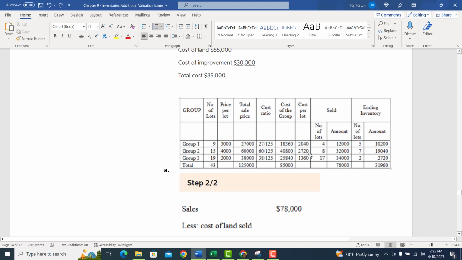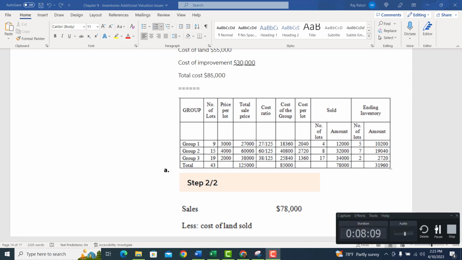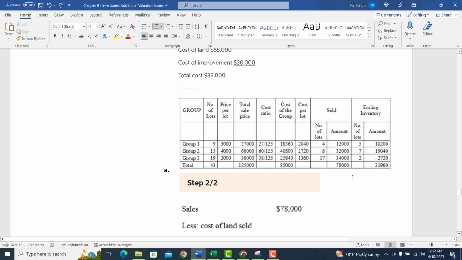And 7 times the cost per lot. Remember, ending inventory in general is connected and tied to cost of goods sold, obviously. The journal entries go together. So we're going to multiply this by the cost per lot to get our ending inventory.